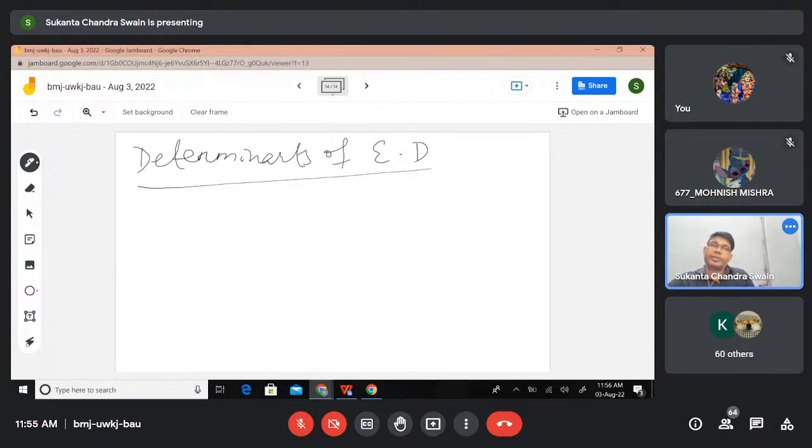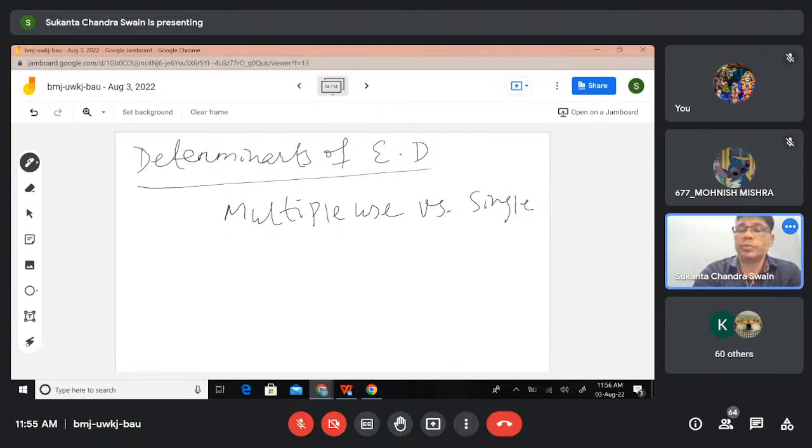The question now comes, elasticity of demand will be more or less, depends on what. I'm giving one example. Suppose a commodity is of multiple use versus another commodity which is meant for single use. Single use means in one head it can be used.